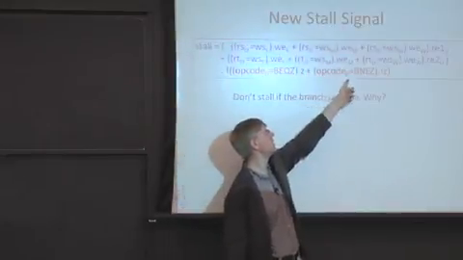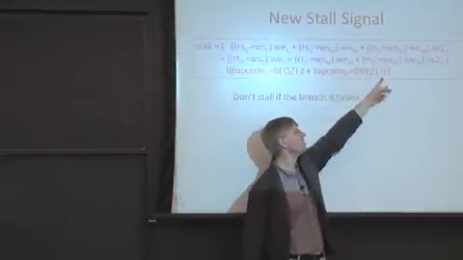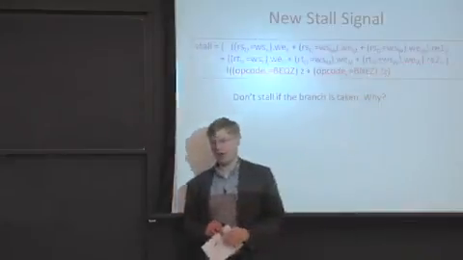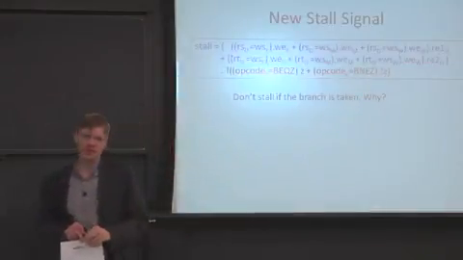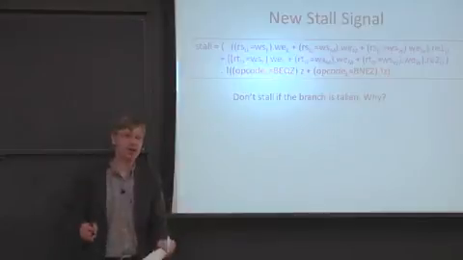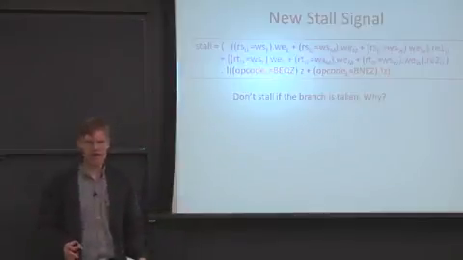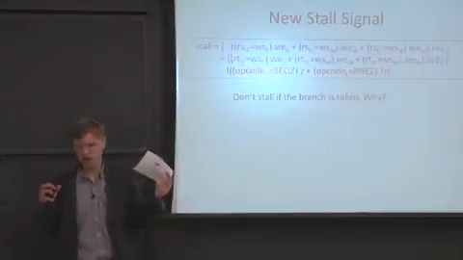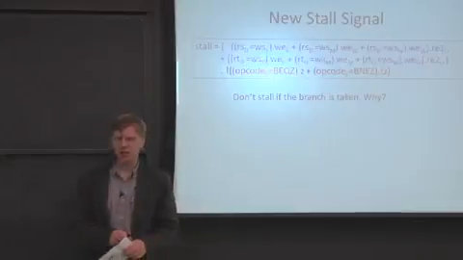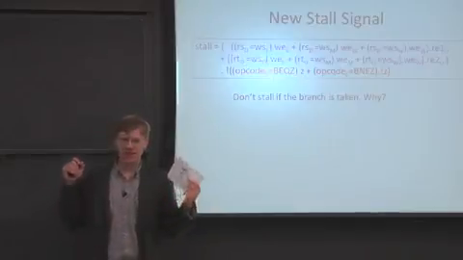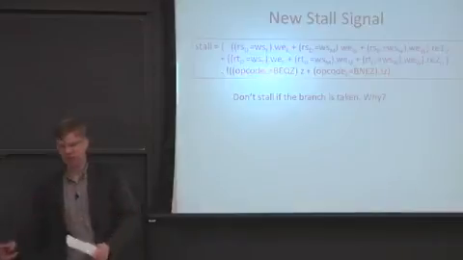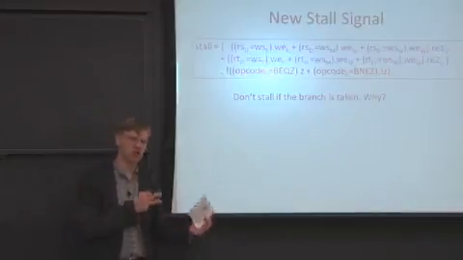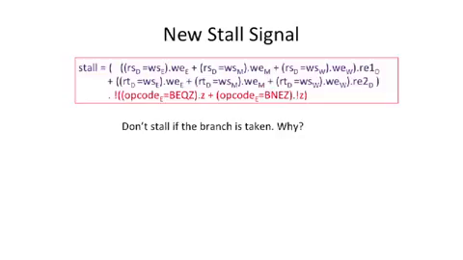Likewise, it's a branch not 0, and the value is not 0. These two terms are basically saying a branch is happening, it's in the execute stage, and we'll say that the branch is being taken. So if it's a 0 branch and the result is 0, it's taken, or if it's a not equal 0 branch, it's not taken.